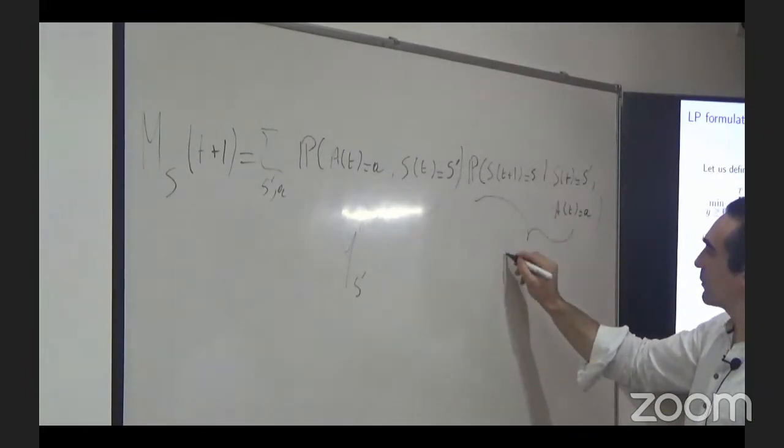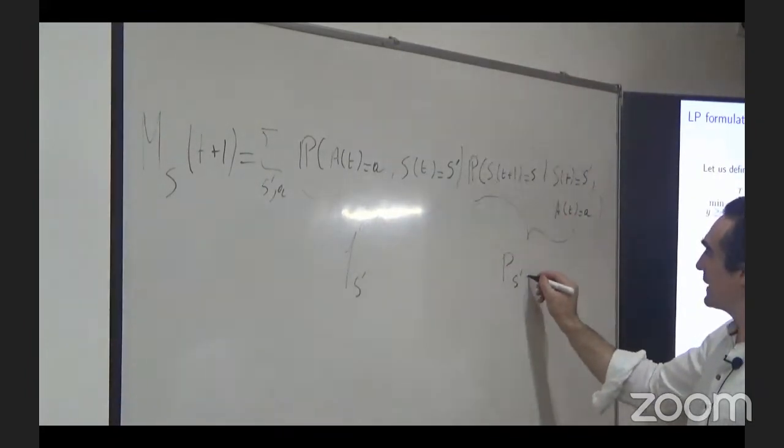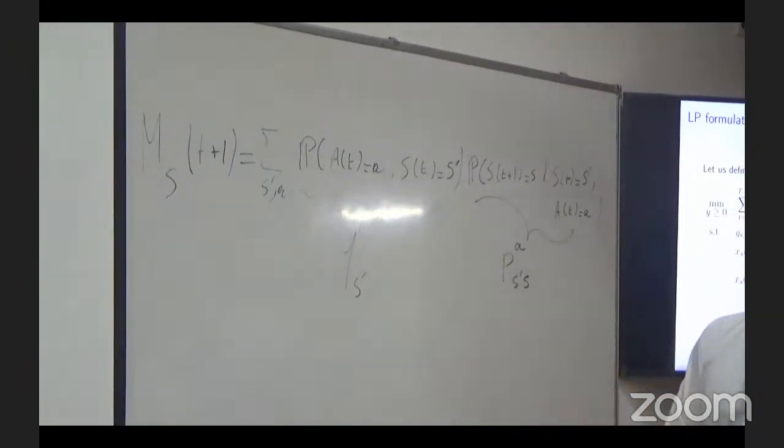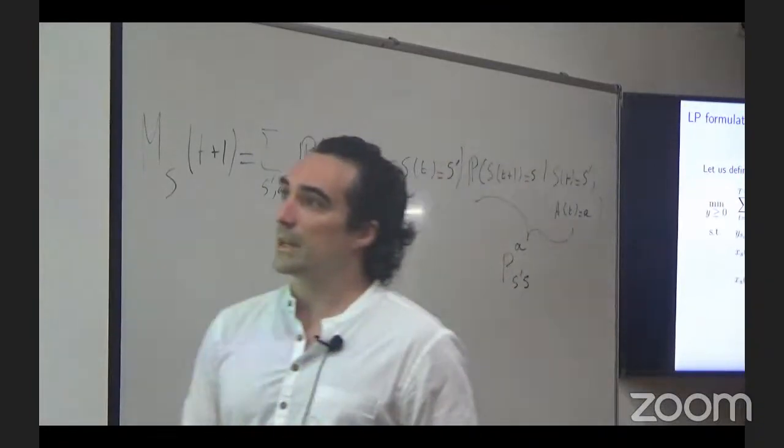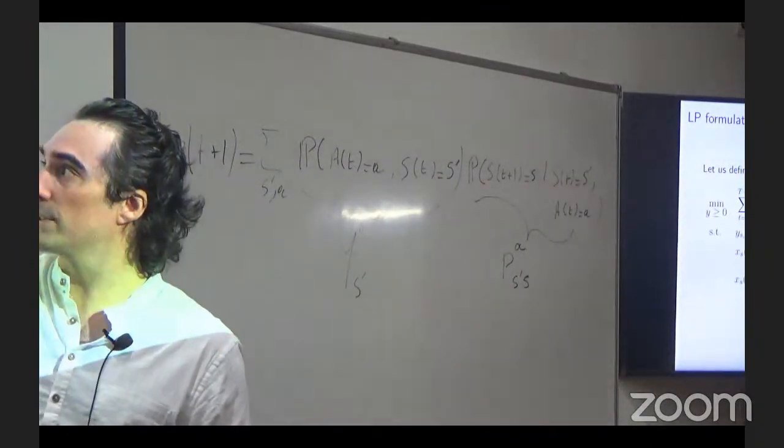And this is the probability to go from S to S prime with A. So basically, we have just recovered this formula. So you clearly see that you can express everything in terms of these two values.